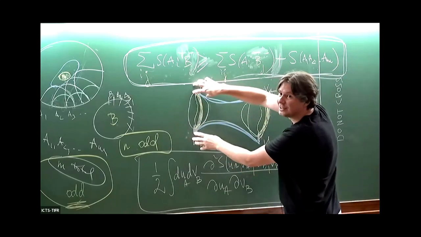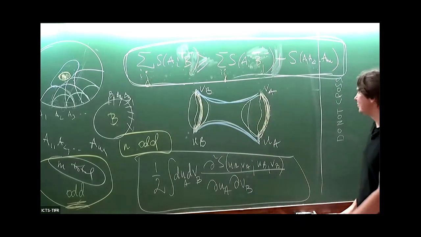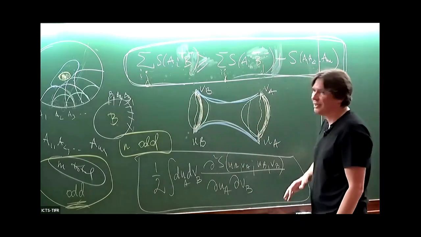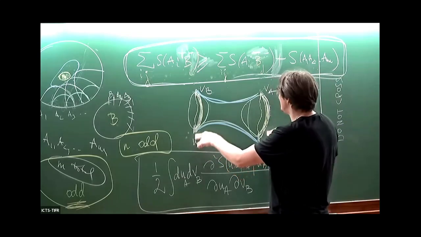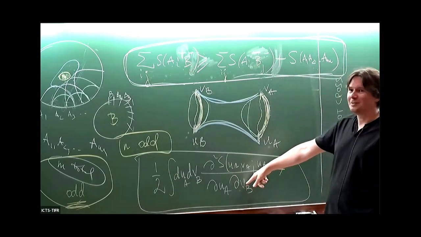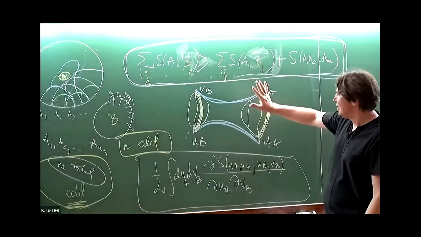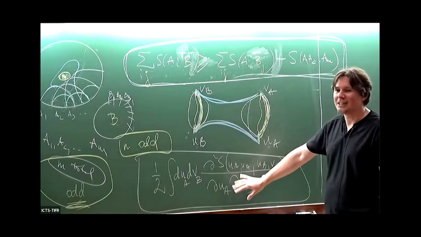That's the length of the green geodesic. Again, I hit it with this partial, I get 0. What about the blue thing? Now it's the sum of something that depends on UA and UB jointly, plus something that depends on VA and VB jointly. I hit it with this partial, I again get 0. So in every phase, individually, this thing vanishes.